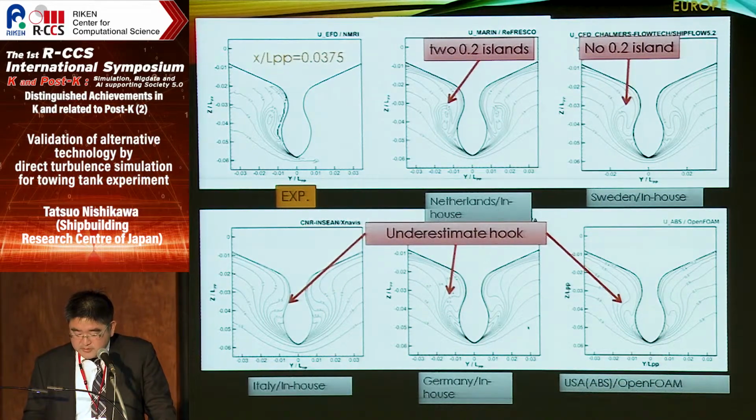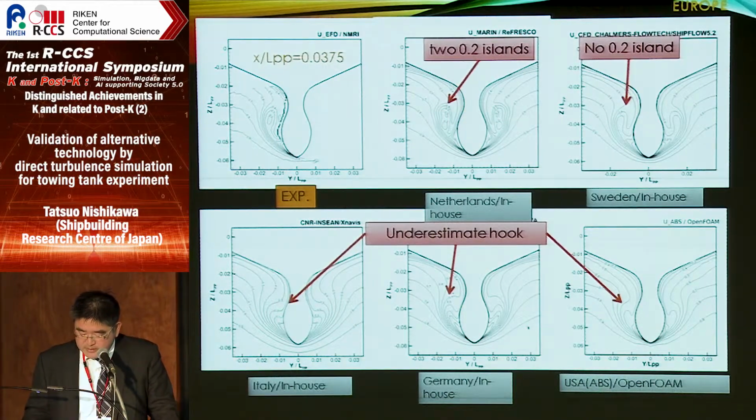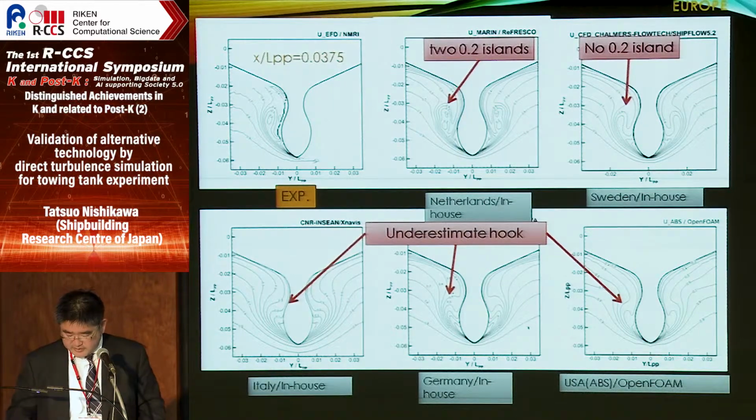The previous benchmark ship, KVLCC2, has been used for almost 2 decades. They reached the best turbulence model and settings, but we realized that it was hard to simulate a new ship. This one is the experiment and the other one is the simulation.